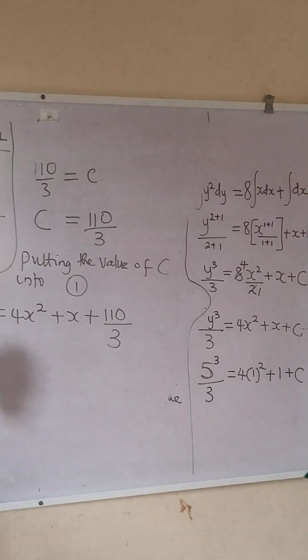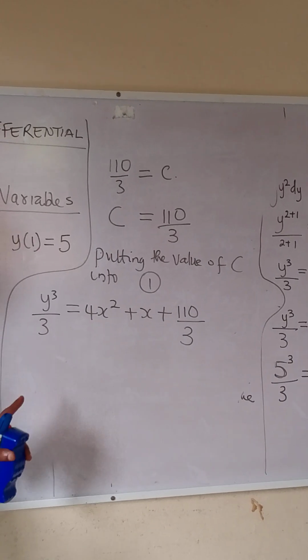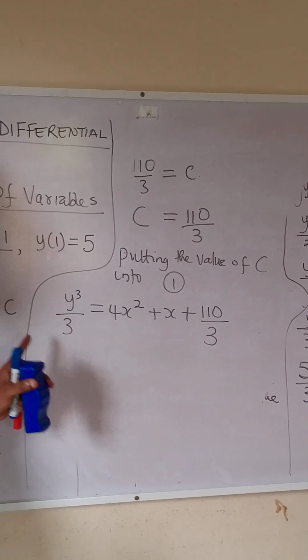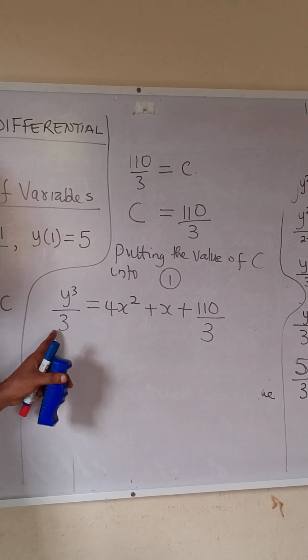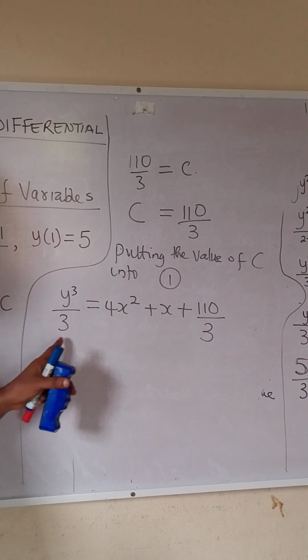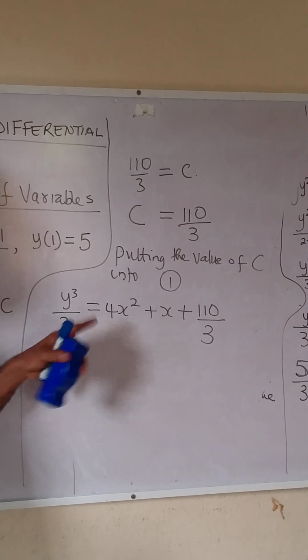Because we are not looking for y cubed over 3, we are looking for the value of y, we can multiply both sides of the equation so that we can eliminate this 3 and have y cubed stand alone.